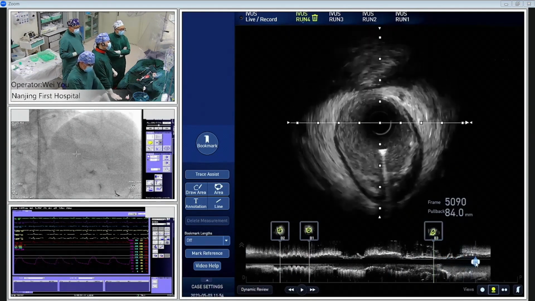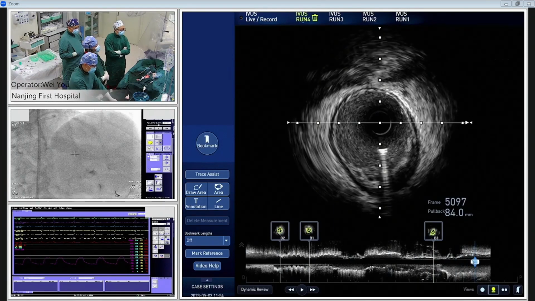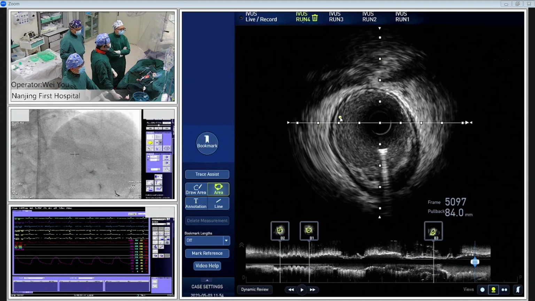Yeah, and the proximal is okay too, no dissection. And the plaque burden is not more than 50. Can you measure it? The plaque burden is very important at this site because it's the proximal LAD. So the result is consistent with the ULTIMATE trial.